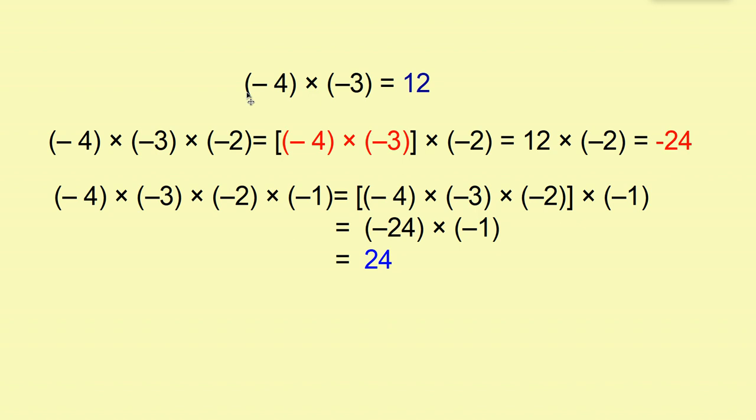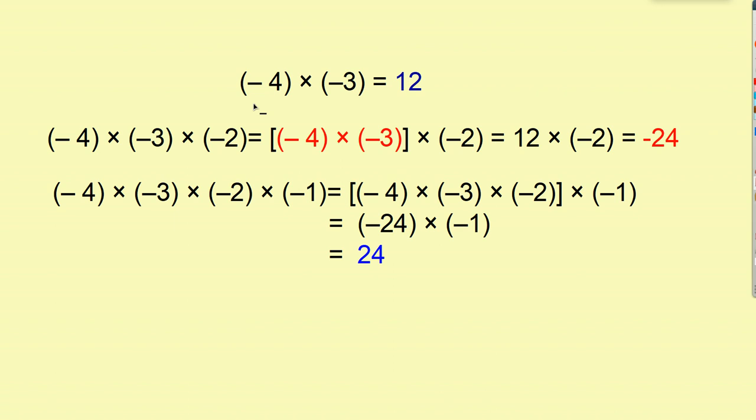That means product of two negative numbers and product of four negative numbers, you are getting answer as positive. So if you are multiplying six negative numbers, again you will get a positive integer as an answer.